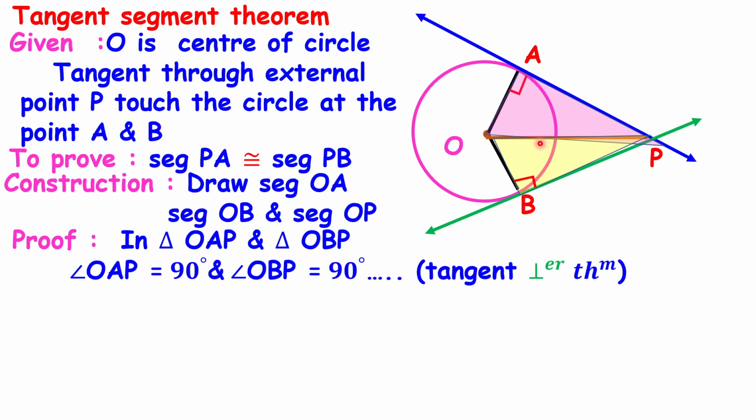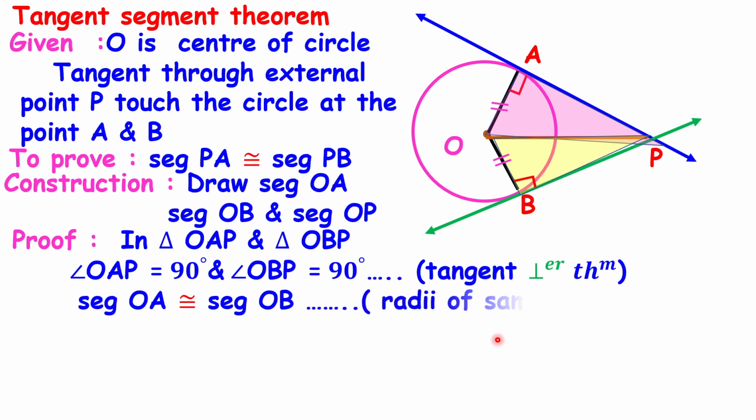Also we know that radii of same circles are congruent. इथे कोणते रेडिया आहेत? OA and OB are the radii of circle. Therefore these two radii are congruent to each other. Therefore segment OA is congruent to segment OB because radii of same circle, and OP is common.